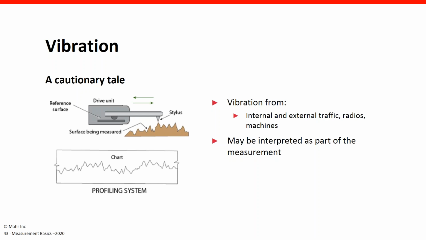They all may be interpreted as part of the measurement. And one way to look for this is to not make the stylus on the surface finish gauge move. Just let it sit there and observe the results. And hopefully you don't see much of a signal coming through at that point, and you can be sure that vibration is not making your measurement process not be right.